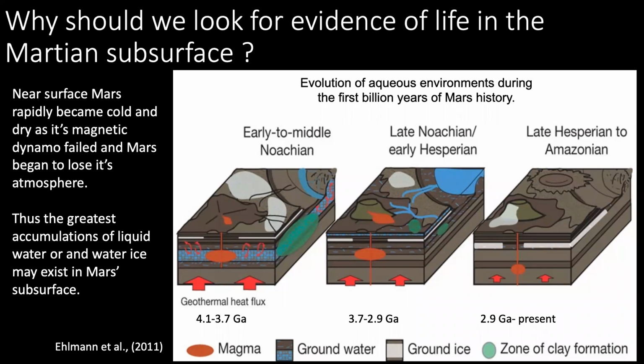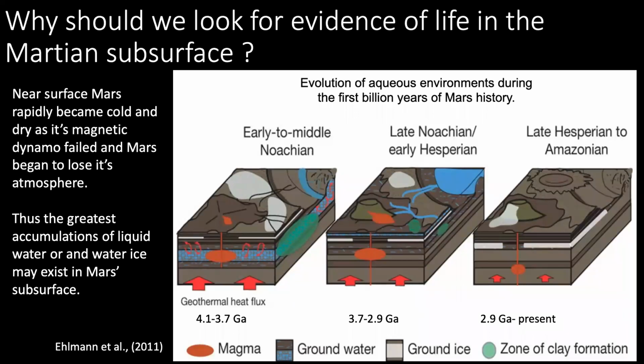So we're talking 4.1 to 3.7 billion years ago. And so you have these rivers and lakes and potentially even an ocean, depending on who you talk to, and a beautiful groundwater system that's interacting with that surface system.